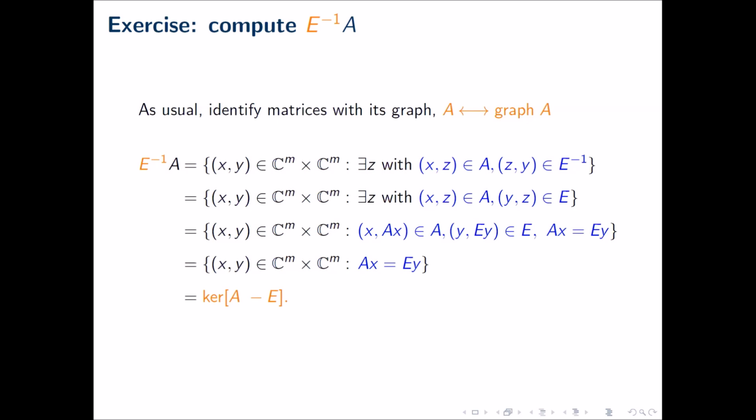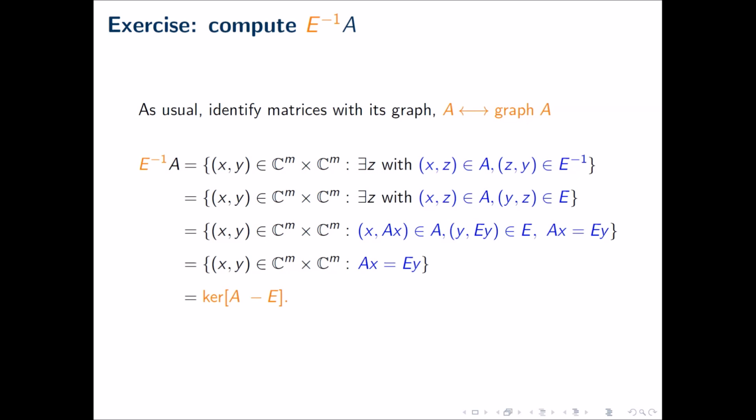So this is what I want to recall here, the identification between A and its graph. Otherwise, notation will kill us. In fact, this guy is a matrix, and a linear relation via its graph. This E is a matrix, but E inverse, of course, not in general. Okay, let us start.